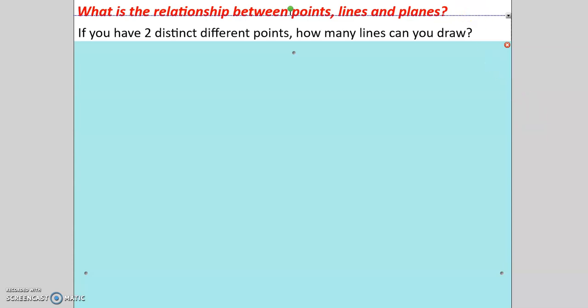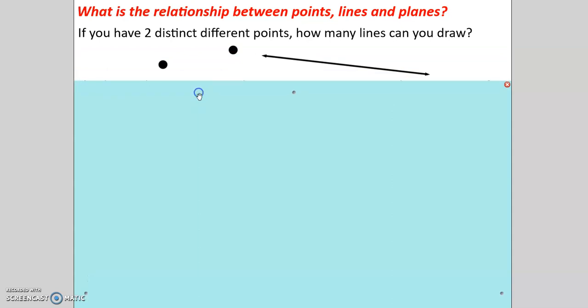The first one here: if you have two distinct points, how many lines can you draw? This part of the lesson is a little more interactive, like we can move shapes around, so it is more visual, which is awesome. If you want to draw this figure in your notes: if I have 2 points, how many ways can I draw a line through them?